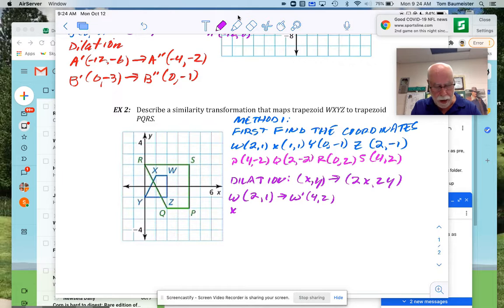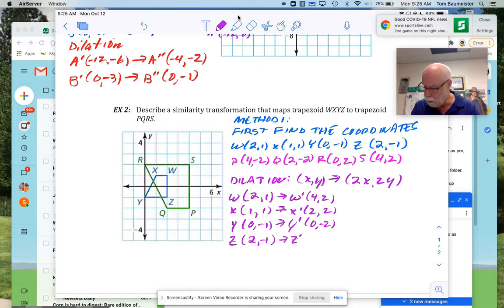Similarly, our X maps to 2 and 2. Our Y maps to 0 and -2. And our Z maps to 4 and -2.